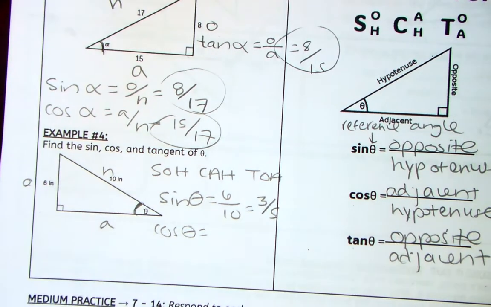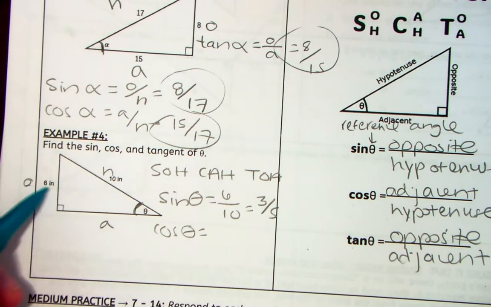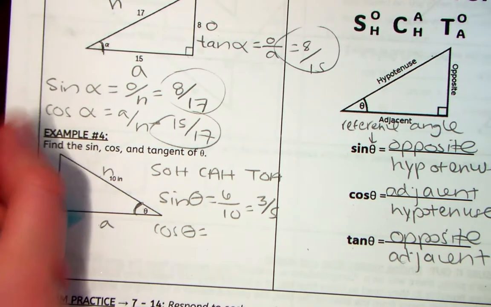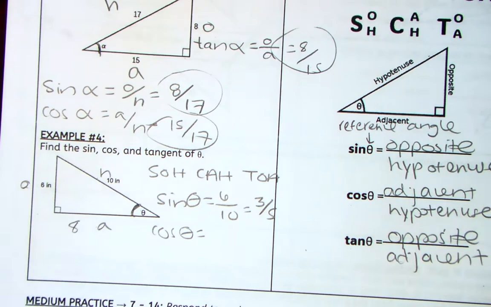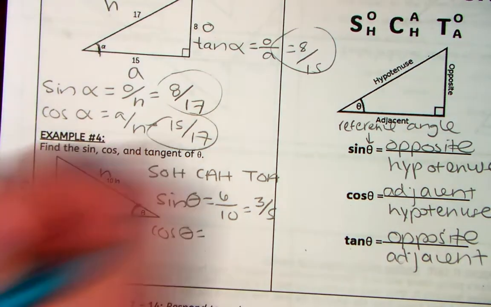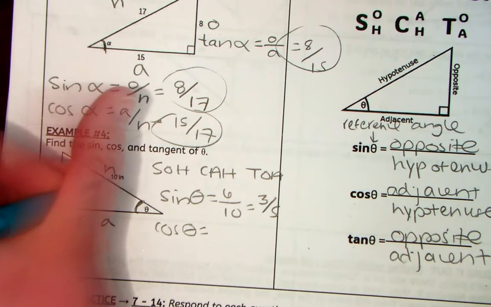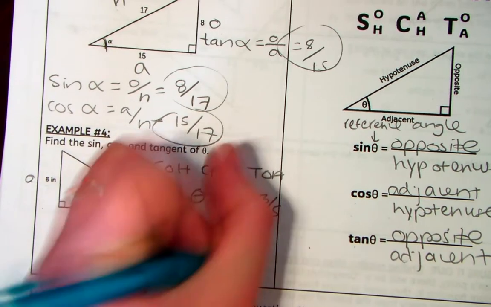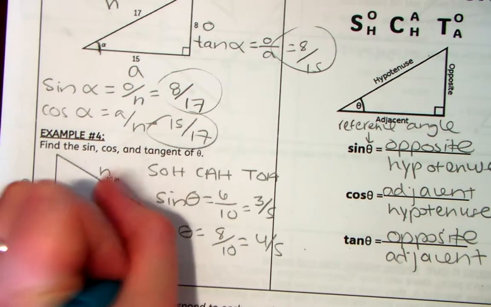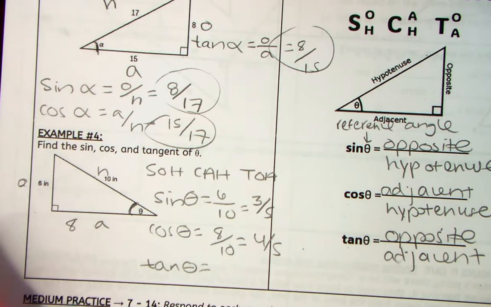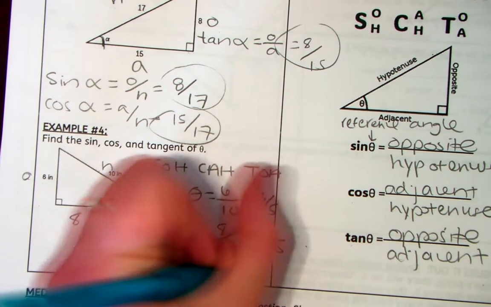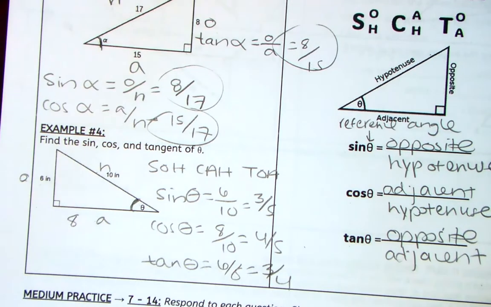I can also notice this is the Pythagorean triple, 3, 4, 5. It's the doubled version of 3, 4, 5. So this is going to be 8. So cosine of theta is going to be equal to 8 over 10, which is 4/5. And then tangent of theta is going to be equal to opposite over adjacent, which is 6 over 8, which is equal to 3/4. Okay.